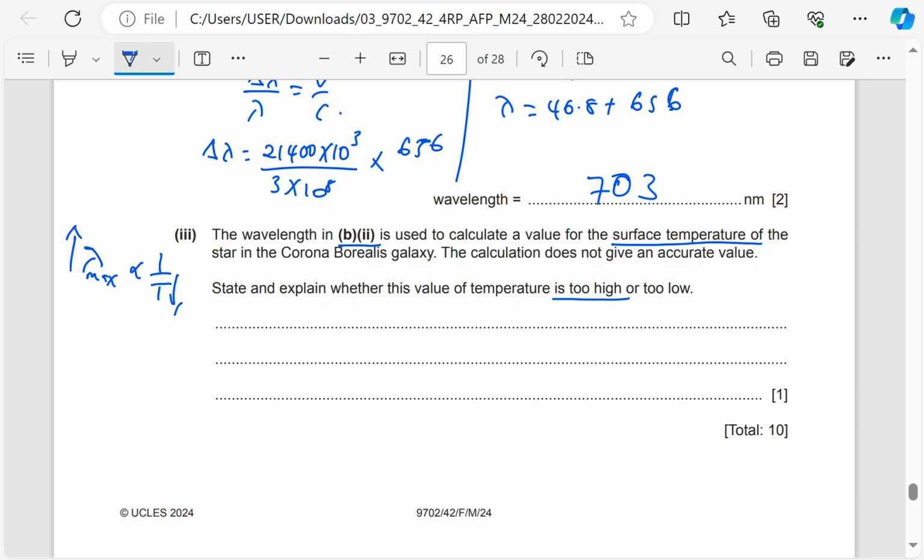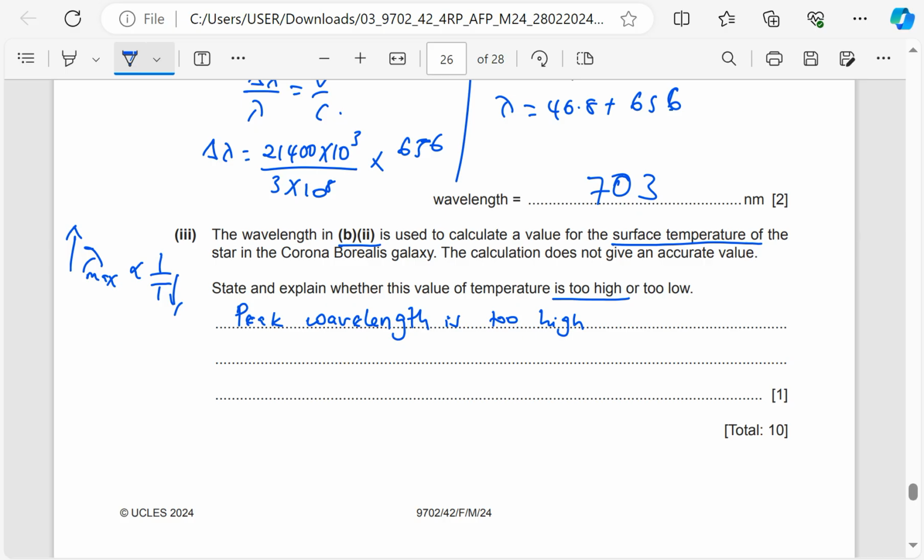The peak wavelength is too high in comparison to what we saw in part 2.